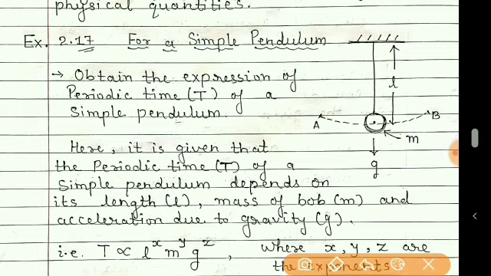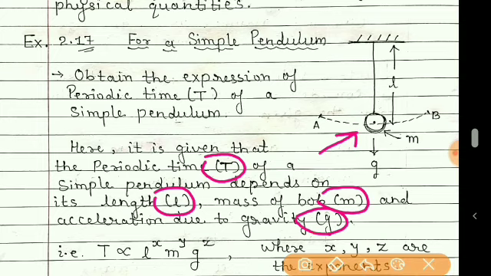Now the statement says that the periodic time of a simple pendulum can depend on the length of the pendulum, the mass of the bob which is suspended, and the acceleration due to gravity. It means T depends on these three physical quantities.